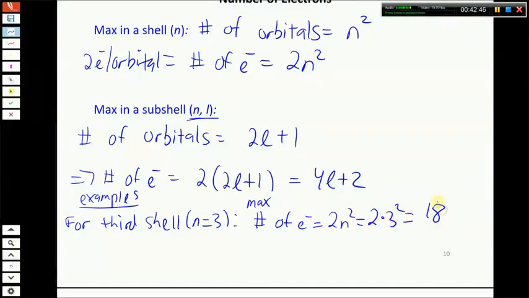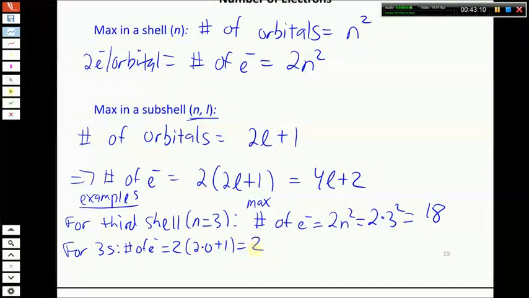So in the third shell, you're going to have no more than 18 electrons. And then if we divide those up into different subshells, the n equals 3 shell has 3 subshells. And here the number of electrons is 2 times 2l plus 1. l equals 0 for the 3s.